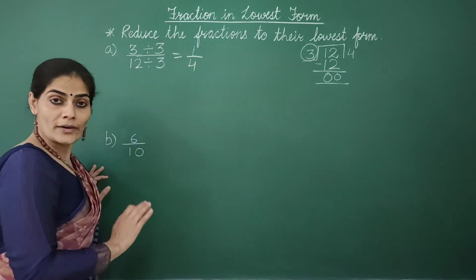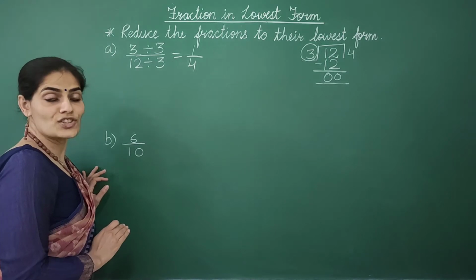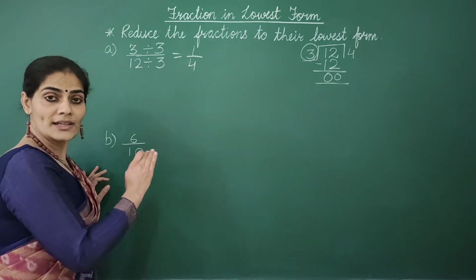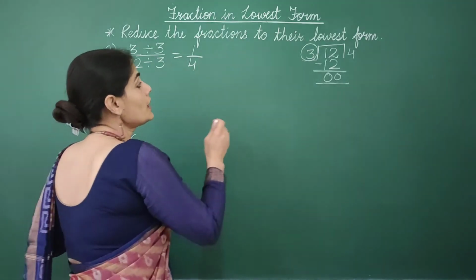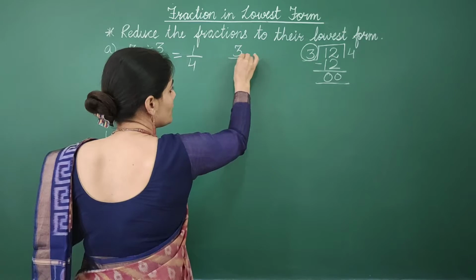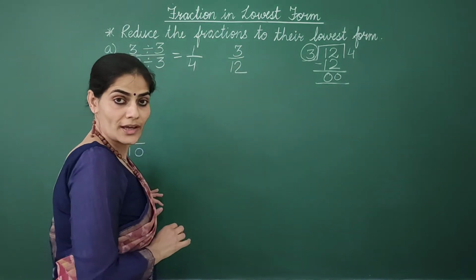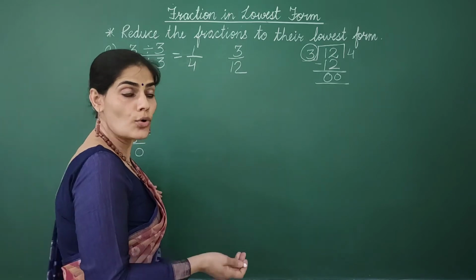Now this is one way of writing it. You can do the cancellation, that means dividing the numerator as well as the denominator by the common factor, in a shortcut way also. You just write the fraction as it is, 3 by 12. Now what are we going to do? We will do the calculations orally.